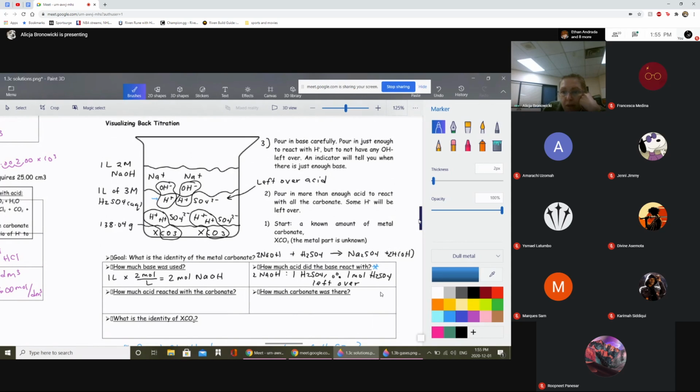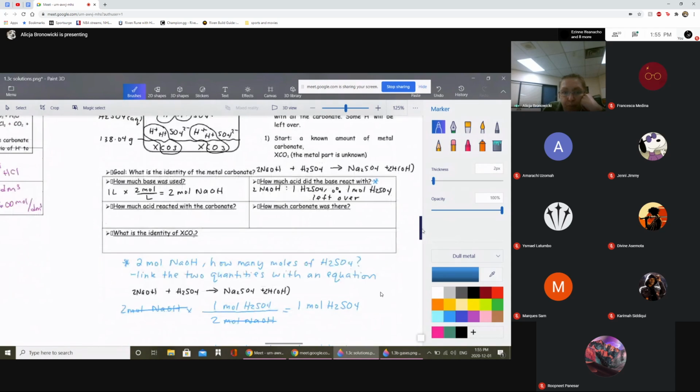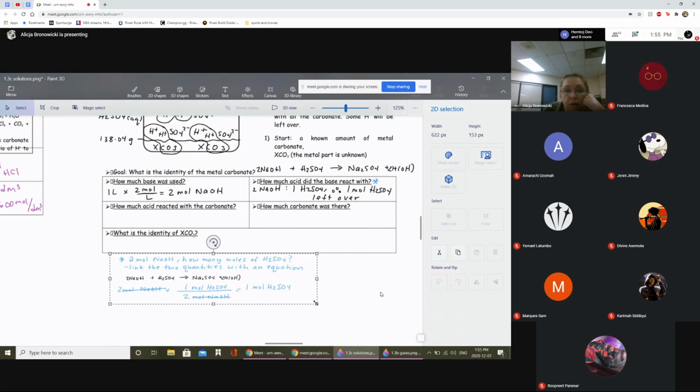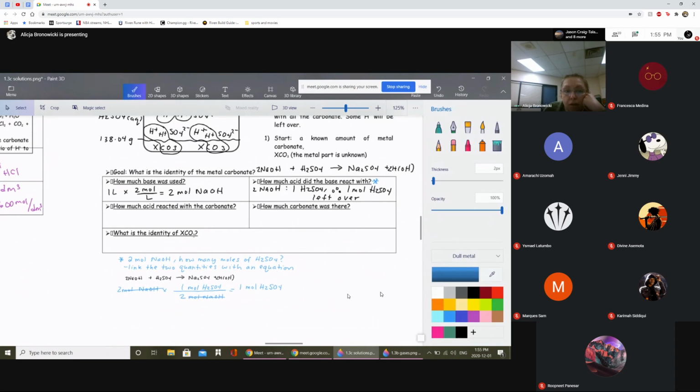This base is too small, so I'm going to be sneaky and shrink this, and then I'm just going to write this one. Let's write it over here. So, total amount of acid.